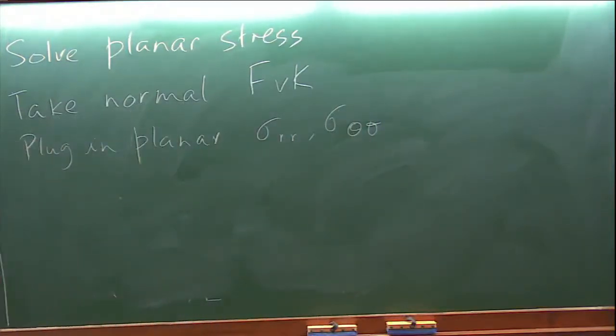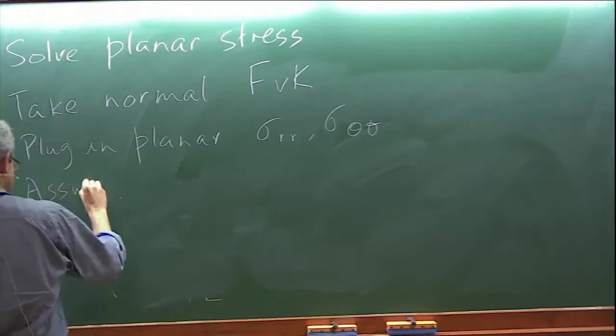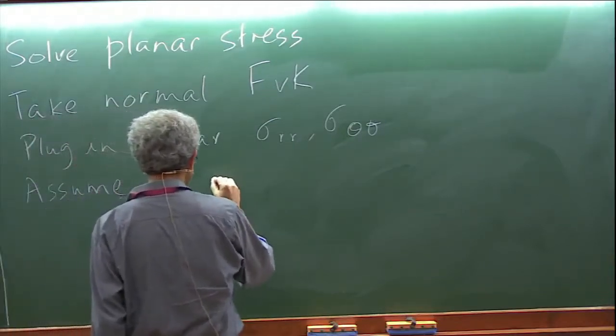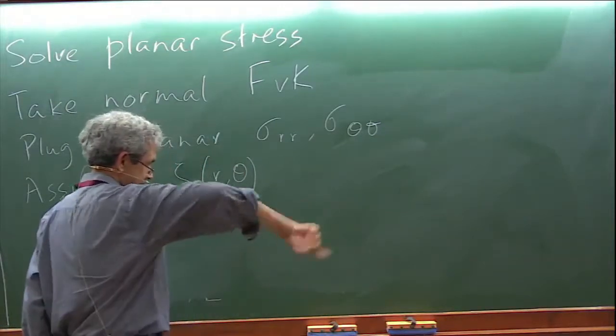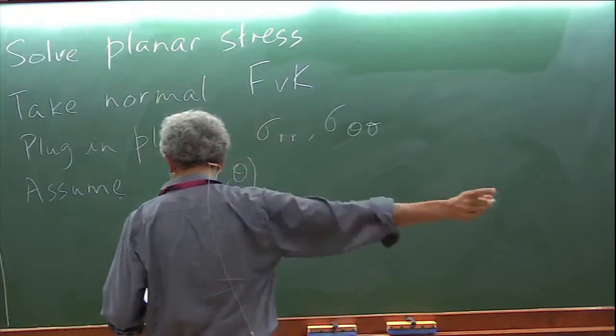Okay. Put the solutions you got in. Just like we did in 1D. Remember, we found the stress in 1D, just Hooke's law, and put it in. Then assume wrinkles. Assume now that you have out of plane things, and you break, what's it called? That's right. He said rotational something.